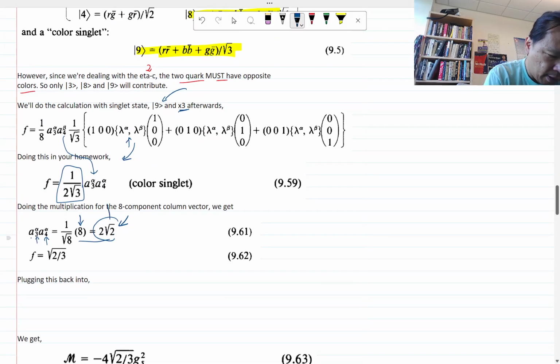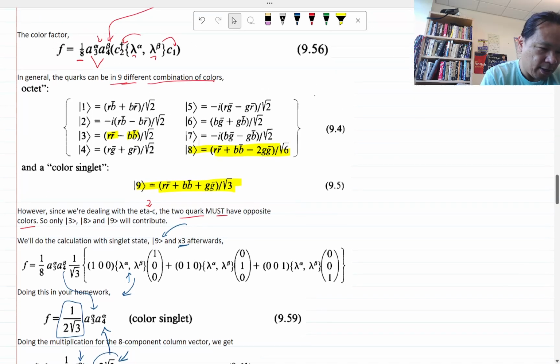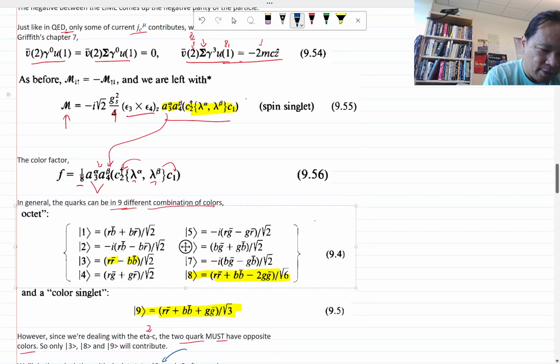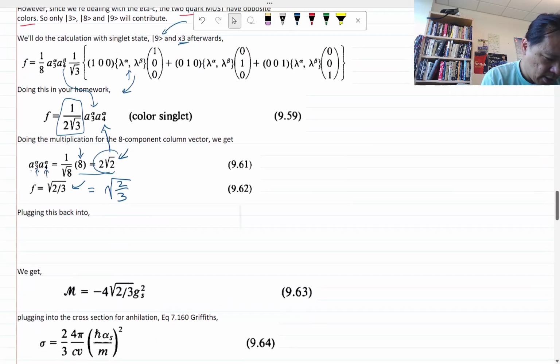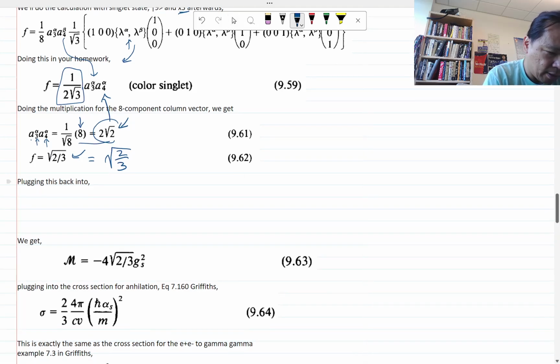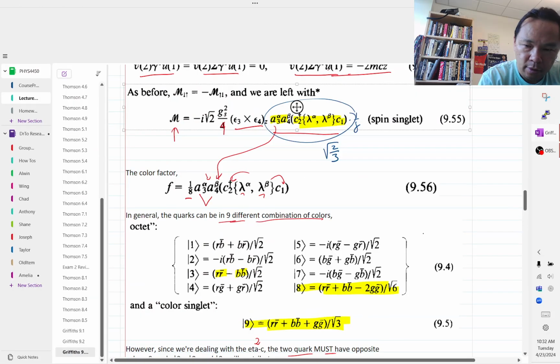So if you combine that and plug that over here, the color factor just turns out to be square root of 2 over 3. So this whole thing times 1/8 turns out to be square root of 2 over 3. Now, if we plug that back into here, let me grab this.